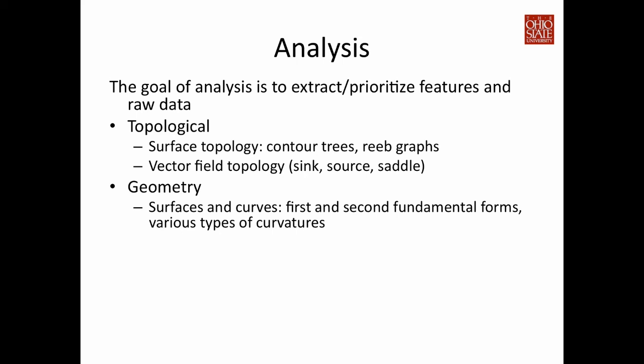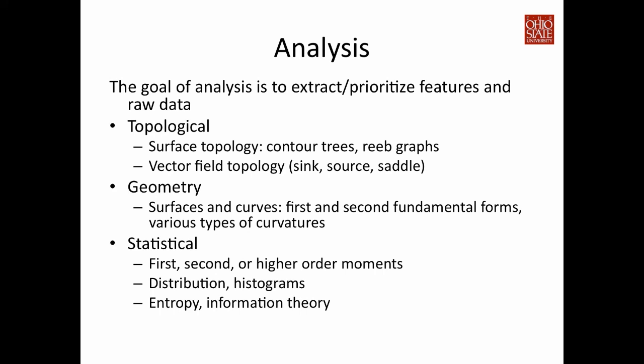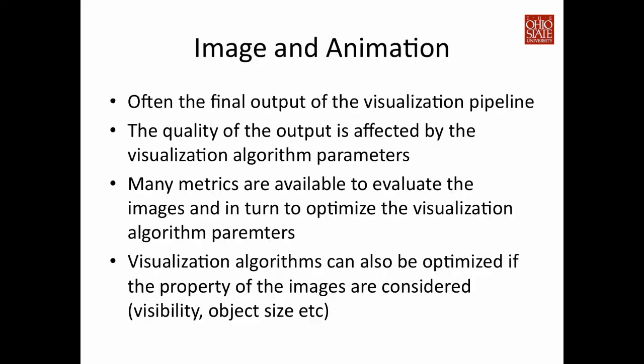It could be geometric, that is, compute the curvatures or different fundamental forms to analyzing geometry so that we can differentiate more interesting places from ordinary places. If we only focus on the data, not the spatial form, then we can perform statistical analysis to get distribution, to compute entropy, or we can compute first, second, or higher order moments of the statistics.